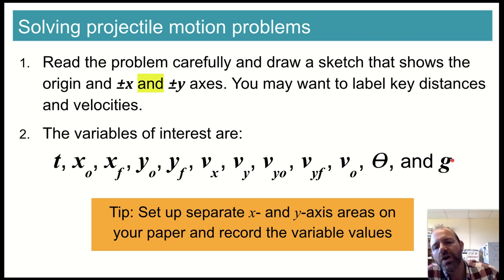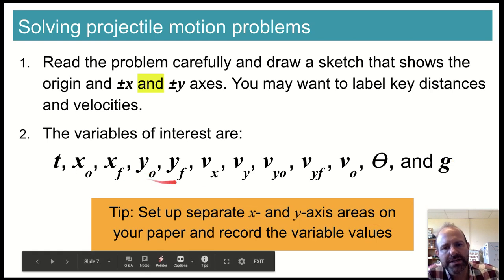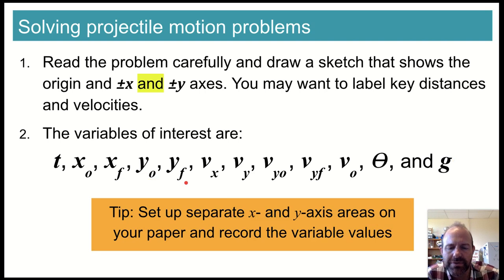And we have total initial velocity and total final velocity right here. And for those, we need the angle to completely specify them. The big tip here is to separate your x and y information, literally split the page, put them on opposite sides of a line or something to write down everything and keep track of it.